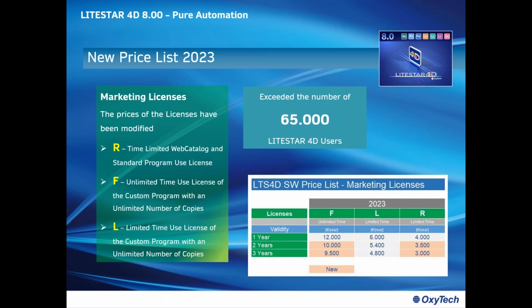Also, some minor changes were introduced to the marketing licenses. These are the licenses of interest for the manufacturers. It's the way to let the data of their products flow to the market. So designers from the market can download the program, and at that stage, they start to use it.